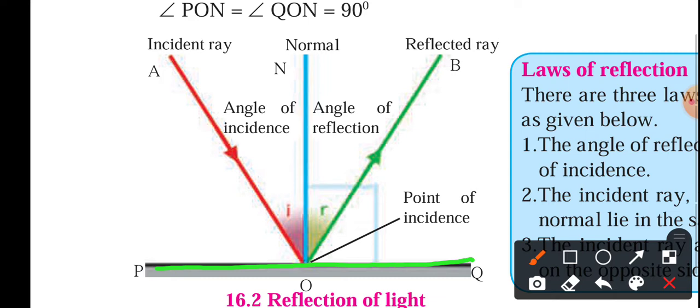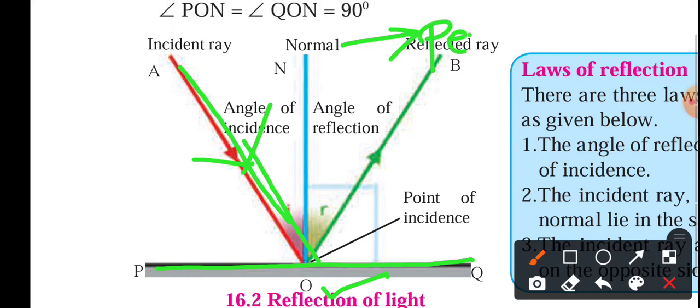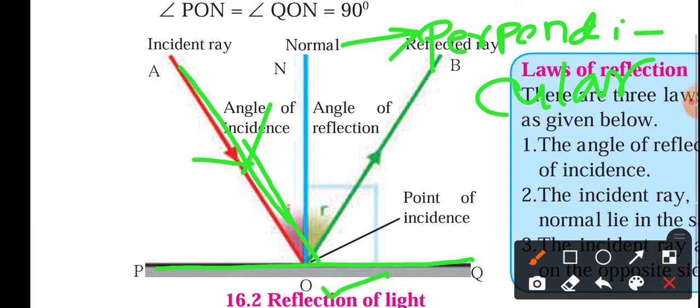This red color is the incident ray, and it is falling on a particular point. Let's call that point O. At that point O, we have to draw the normal. Normal means perpendicular. This is the perpendicular.